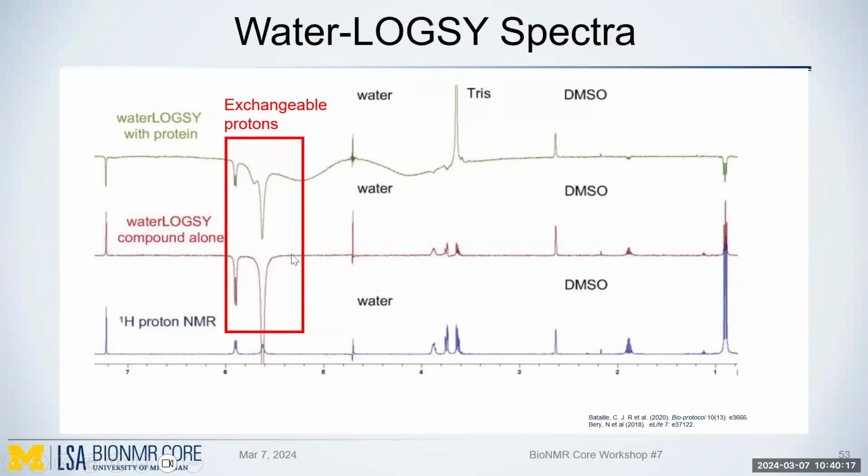Those negative peaks are from exchangeable protons like NH or OH groups, so they are not from the ligand binding peaks. On the top, this is a Water-LOGSY spectrum with protein. These negative peaks you can see here and some over here indicate that the ligand binds to the protein. Also, these exchangeable protons remain negative in the Water-LOGSY with protein spectrum.